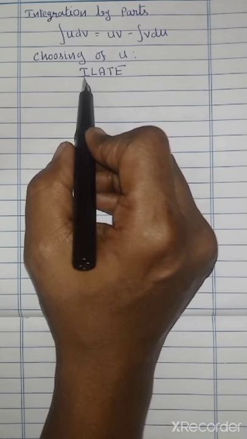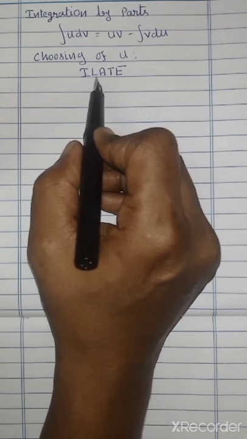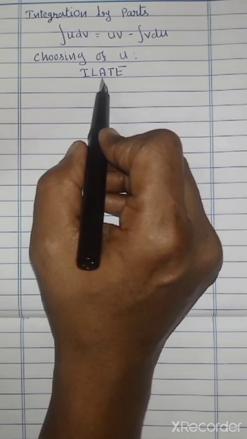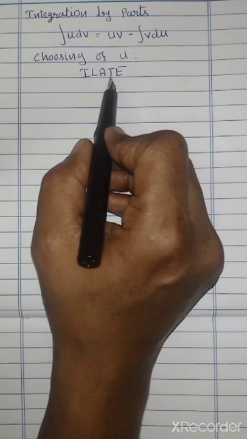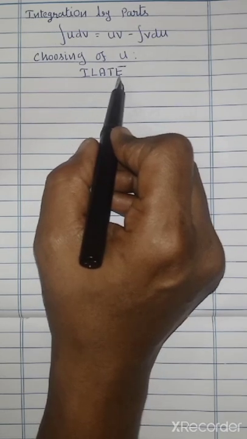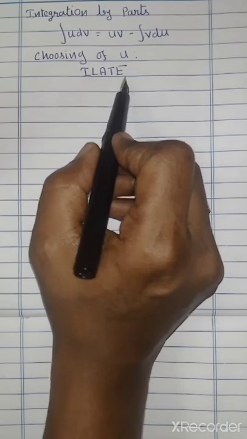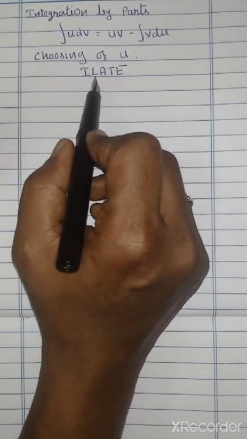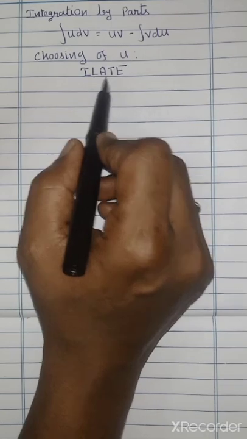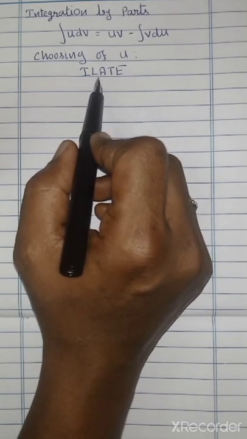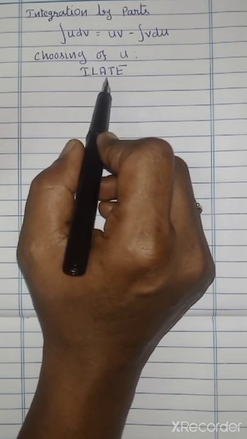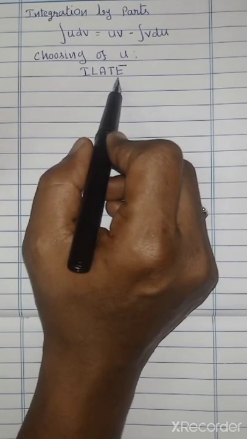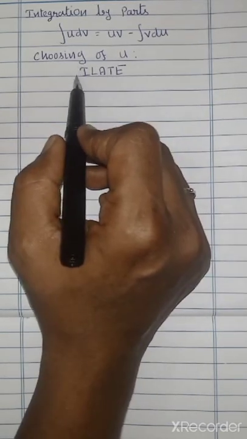I means inverse trigonometry function, L logarithmic function, A algebraic function, T trigonometry function, E exponential function. You have to choose your u following this ILATE.